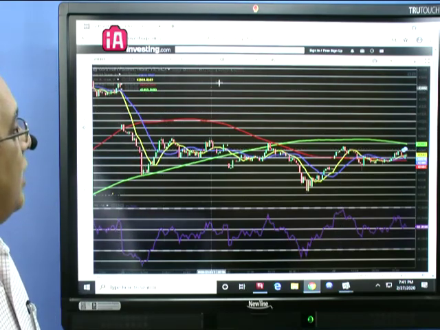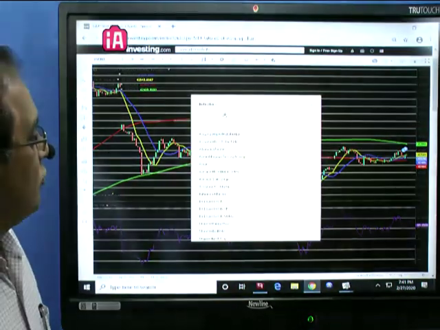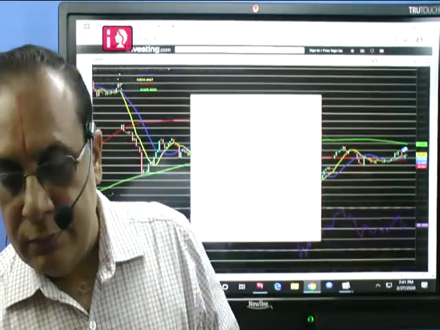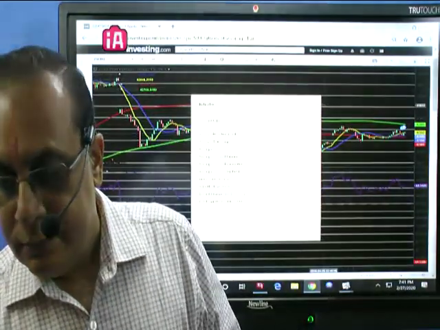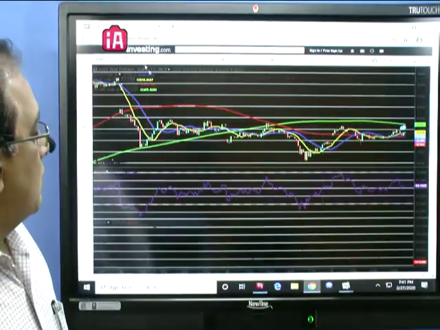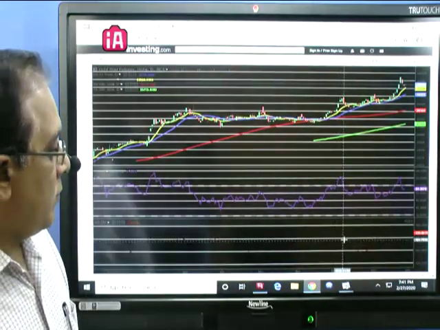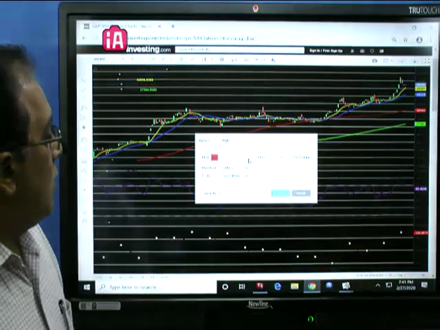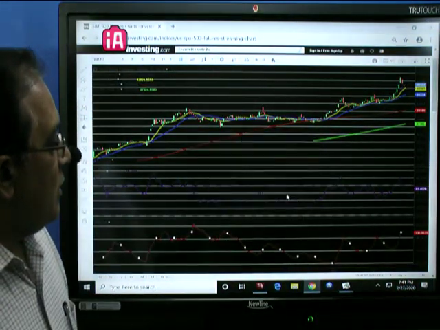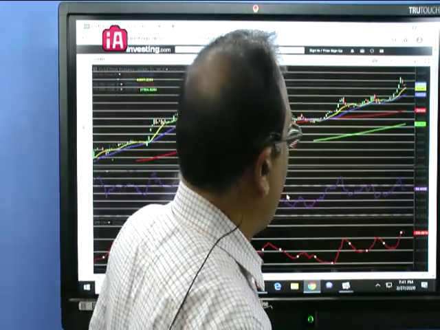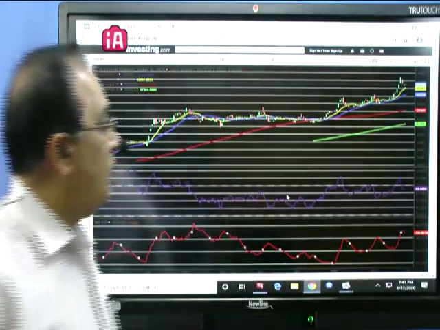Now, if you look at the average indicator here, let me look at the average true range. What is the average true range here? So the average range right now in gold is around 540, 550 points for a single day.